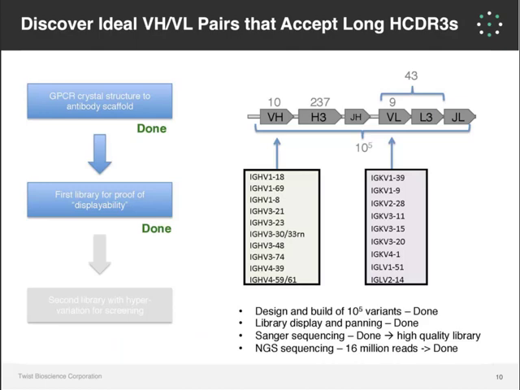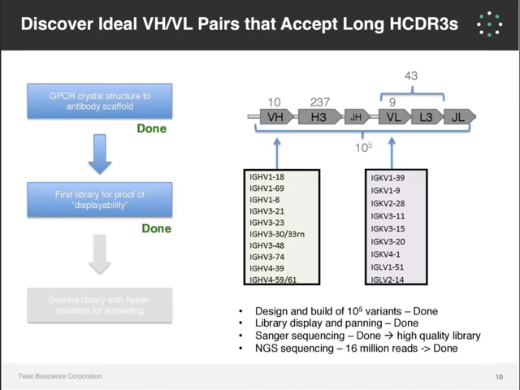So as I said, we looked at different heavy and light chain combinations and long heavy chain CDR3 stems in the context of using that flag tag to look at the displayability of different heavy and light chain scaffolds with different long heavy chain CDR3s.